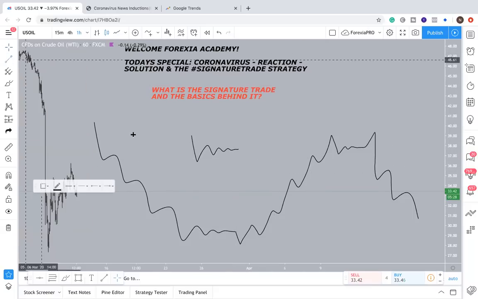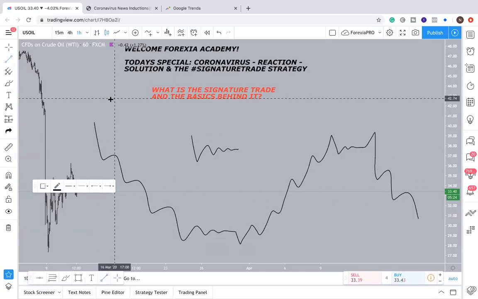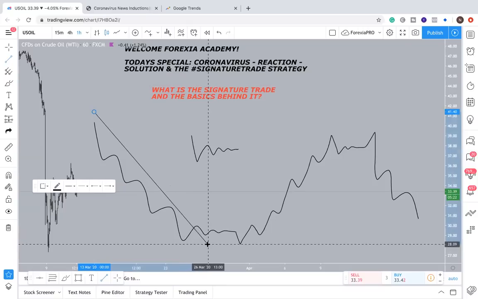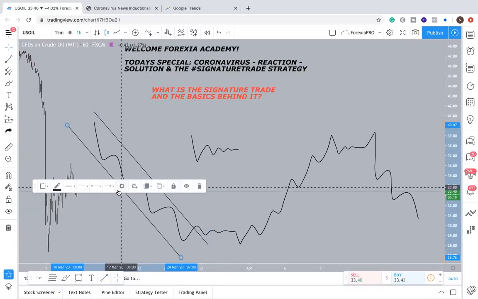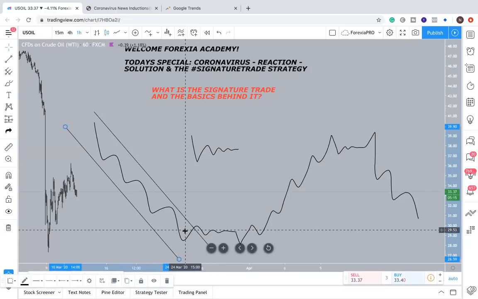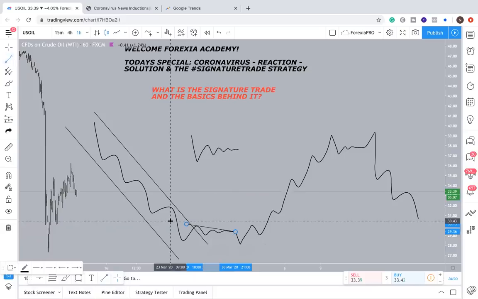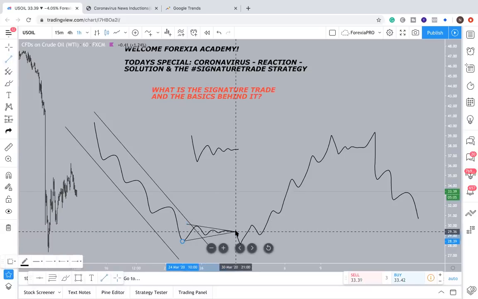So here, for example, we have a downtrend, just kind of doodled here, and the downtrend comes to an end. We have the low, and we have what we see here as the signature trade. All right.